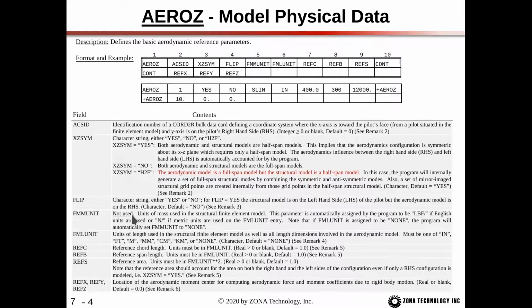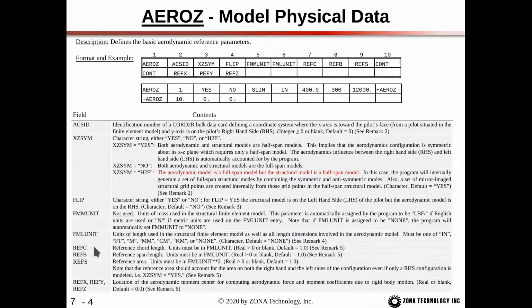If you try to put something into the mass unit, ZEUS will just ignore it. Now personally, I type in what the unit is in the mass unit, and that's purely for documentation purposes. So if my length unit is inch, IN, I'll type in slinch or SLIN for the mass unit, just to remind myself that's what the mass unit is.